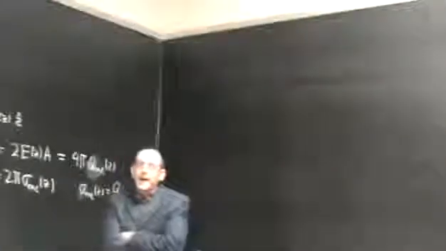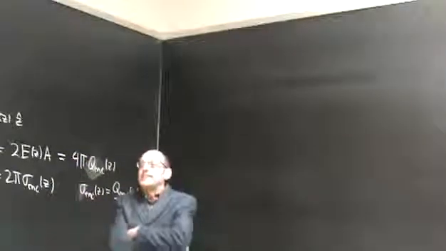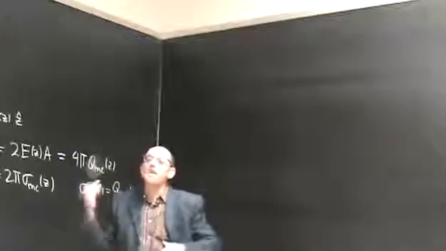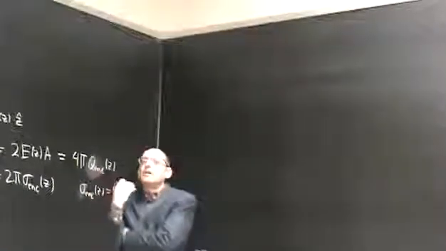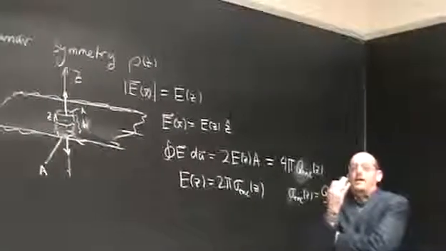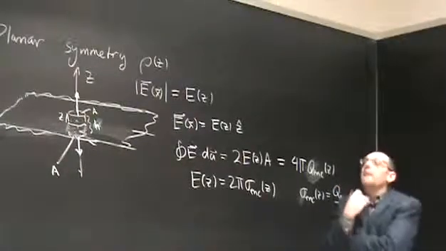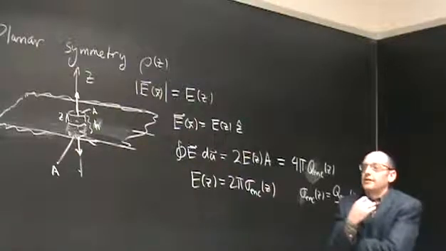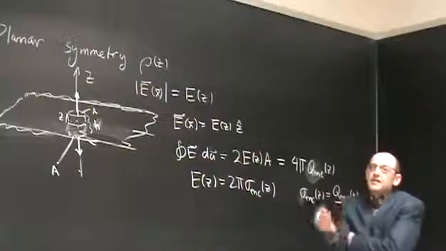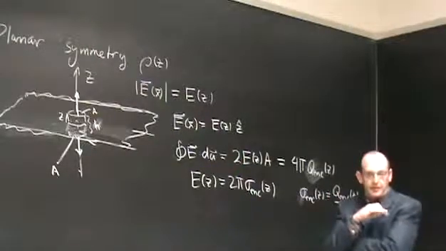No, not really. I really think Gauss's law, let me qualify that a little bit. Gauss's law is useful as a means for determining what the electric field is when I have symmetry.